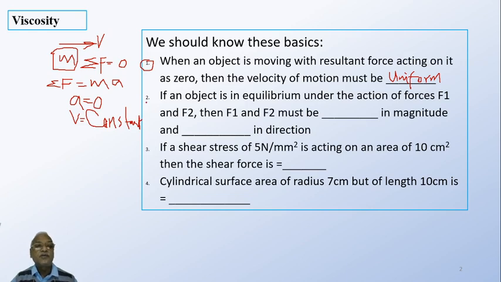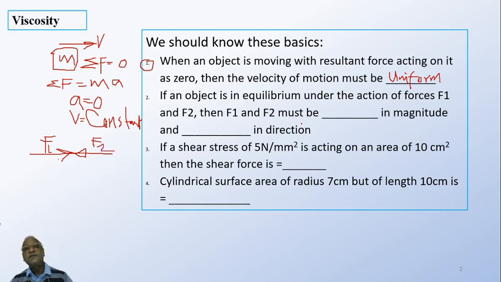Okay, the second situation: if an object is in equilibrium under the action of forces F1 and F2, then F1 and F2 must be dash in magnitude and dash in direction. It is quite simple. If you have two forces and they are in equilibrium, obviously one should be going this way, and then the effect of that has to be perfectly nullified. So if you have F1 this way, F2 should be in the opposite direction, but it should have the same magnitude.